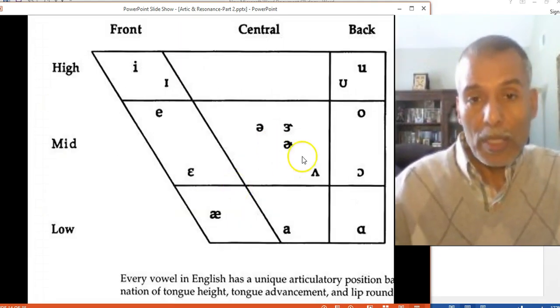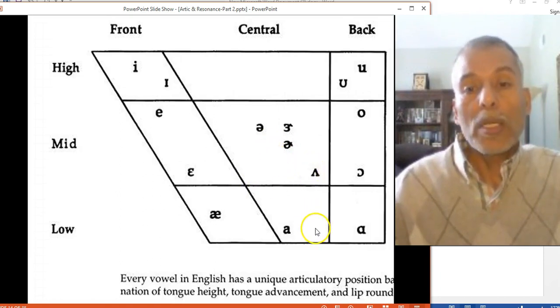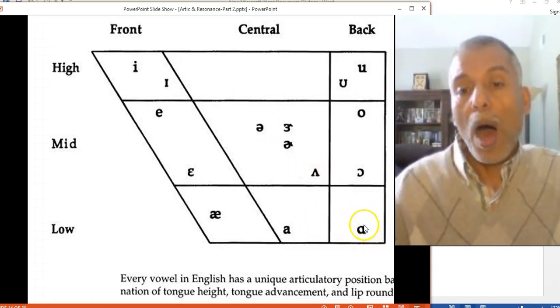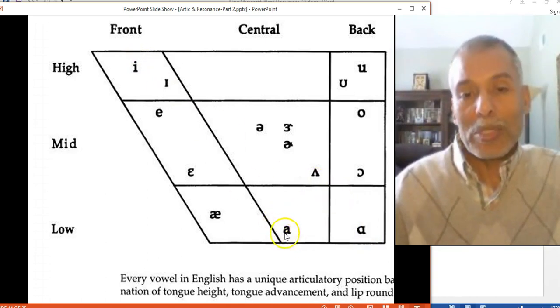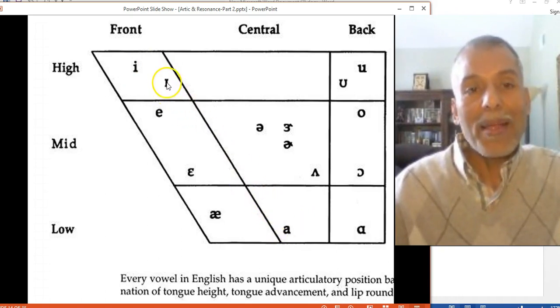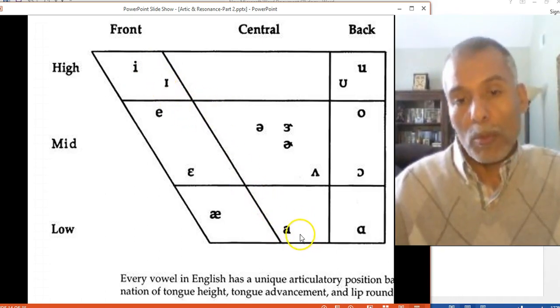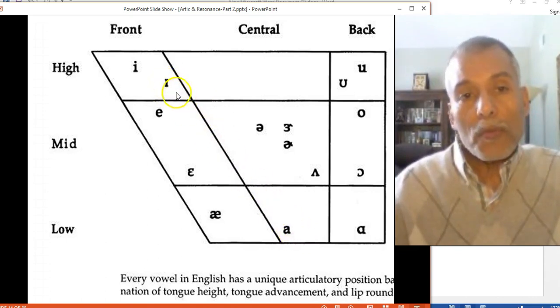For example, here when you say I, you want to say ah, e, but you blend them and you produce this sound combined with this sound. So it will be I. So you go from low, the tongue rises to high, front.